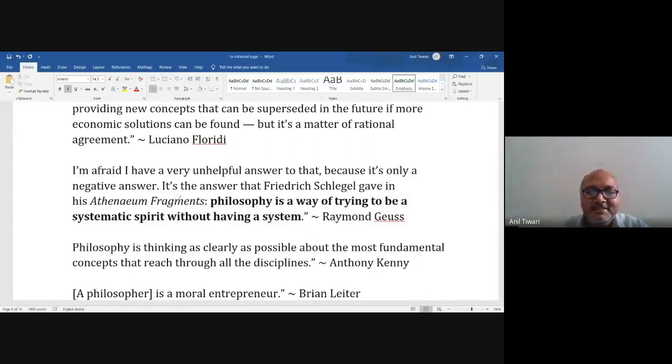Obviously paradoxical, right? What it is targeting, in fact, there is a hint. And the important expression is here. It's a way of trying to be. It's not saying that you are or you will be, etc. It's a trying to be, which means you are being philosophical while doing philosophy.